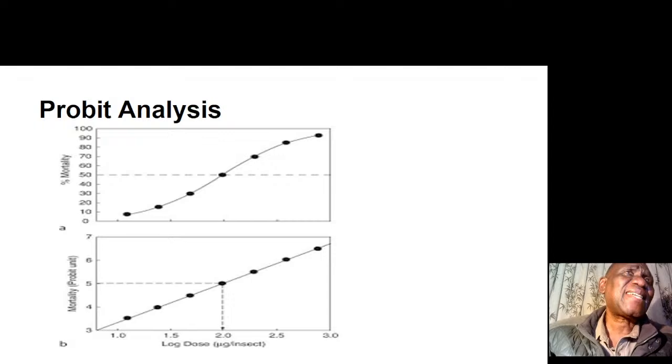So the first graph more or less shows what we're seeing in the first graph. But if we convert the percentage to a probit and the dosage to a log, we get a straight line, as indicated by the last graph.